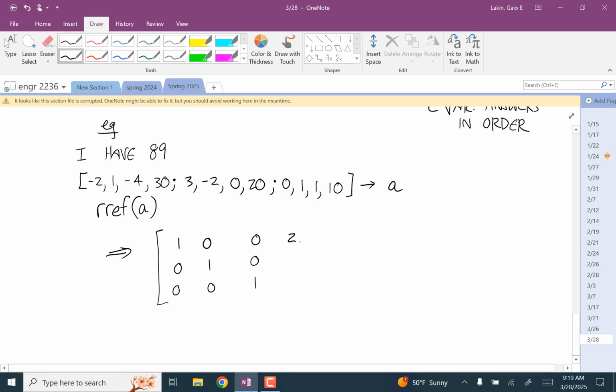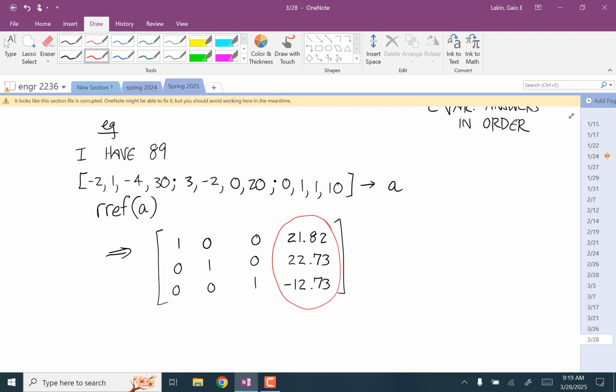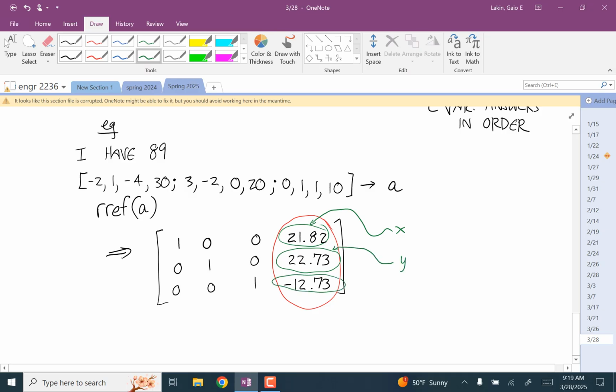And then 21.82, 22.73, -12.73. So this is my answer for X. This is my answer for Y. And this is my answer for Z.